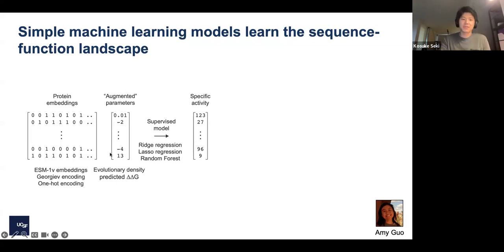On the augmented parameter side, we tested evolutionary density from this model called EVmutation. And we also used a predictor for the delta delta G of each mutation as an augmentation in our model building. And then we just tested three relatively lightweight and simple machine learning models. So we used ridge regression and lasso regression, and we also tried random forest.